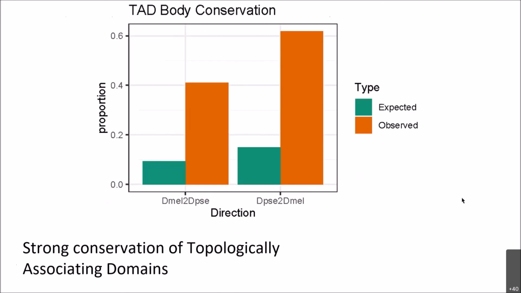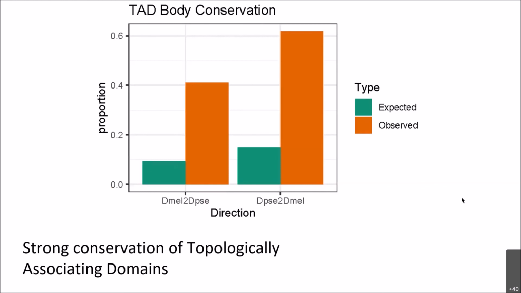We expect the amount of conservation shown in green there, but the amount of conservation we actually see for TAD body conservation is in orange, and we see something similar for TAD boundaries. So these elements are strongly conserved, very obviously conserved, and they're almost certainly functional. Now, we're not the first to see that, but we're using that for our studies in Drosophila pseudoobscura.